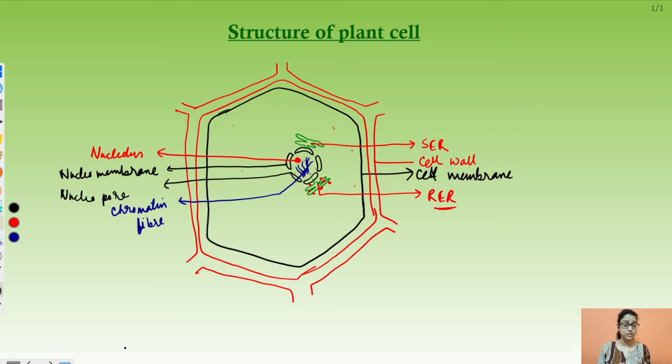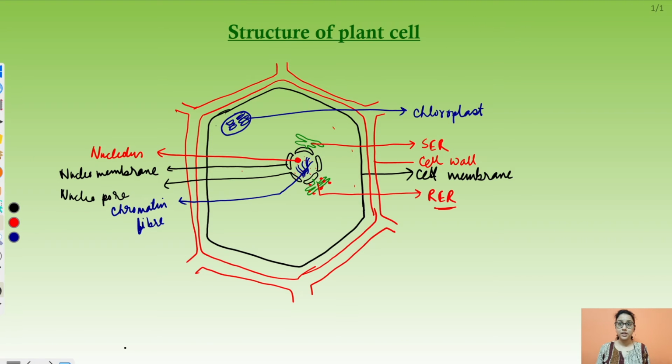We will study in detail about these different types later. So, here we are drawing chloroplast, which will help in the process of photosynthesis. These are the thylakoids which are present inside this chloroplast.